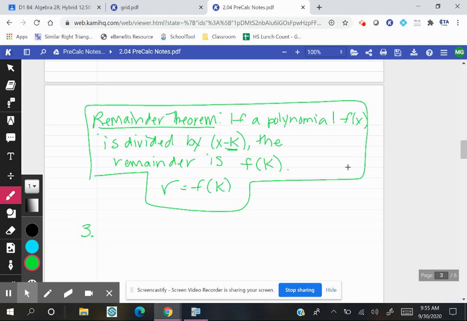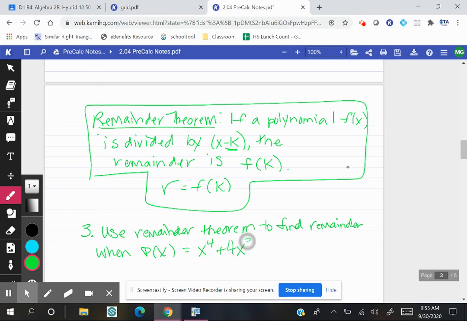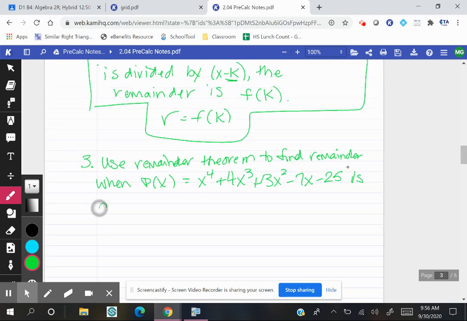So quick example here. I want you to use the remainder theorem to find the remainder when p of x equals x to the fourth plus 4x to the third plus 3x squared minus 7x minus 25 is divided by x minus 4.